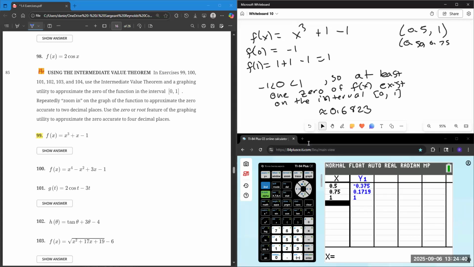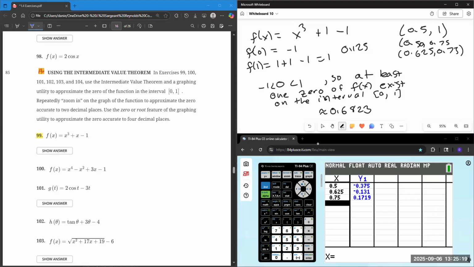Let's see here. Right now that's 0.25, 0.125. So 0.5, 0.625, 0.75, like so. And so it's between 0.625 and 0.75.